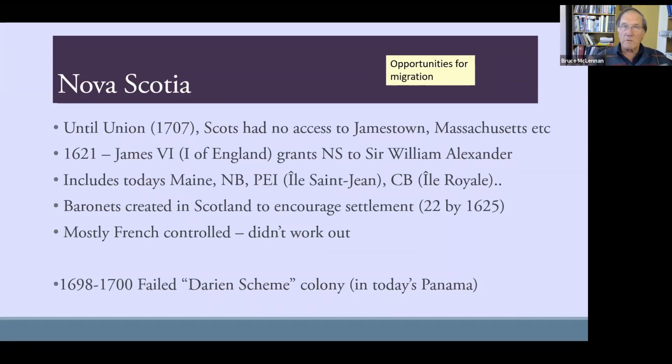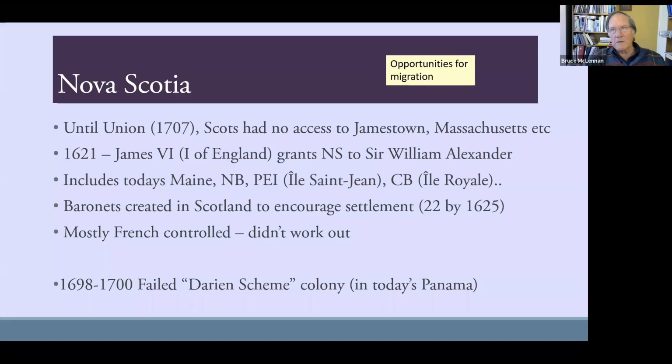That was covered by this grant that he made, and there's a whole lot of wording you can find about it, but he created these baronets of Nova Scotia to encourage settlers to go and live in this larger Nova Scotia.